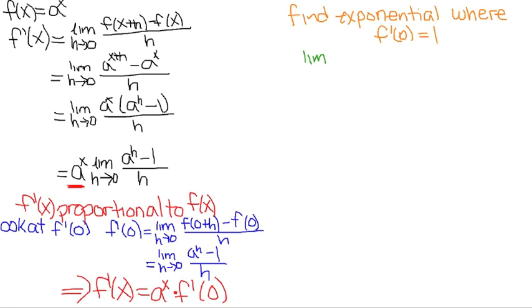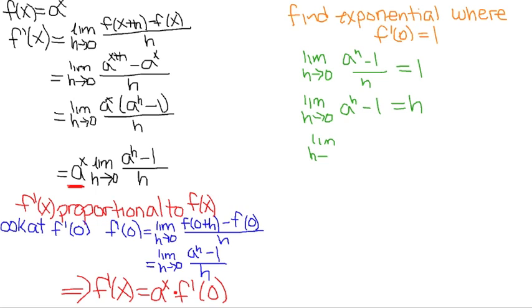So what we're trying to look for is the limit as h approaches 0 of a to the exponent h minus 1 all over h equals 1. If I multiply both sides by h, I get the limit as h approaches 0 of a to the h minus 1 equaling h. So I move the 1 over and I get the limit as h approaches 0 of a to the exponent h equaling 1 plus h.